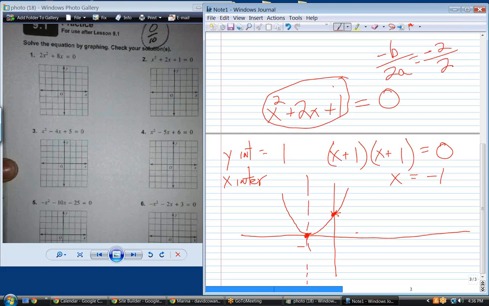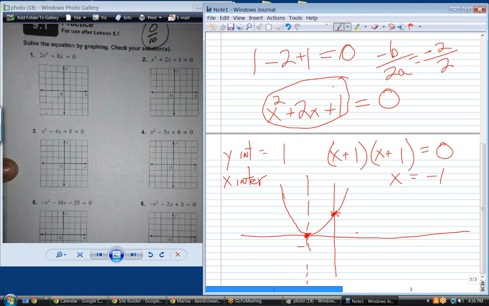And if I substitute negative 1 in for x, I get 0, because I get 1 minus 2 plus 1, which is equal to 0, and that tells me that the y value of the vertex is 0. So now that's all I need to know.